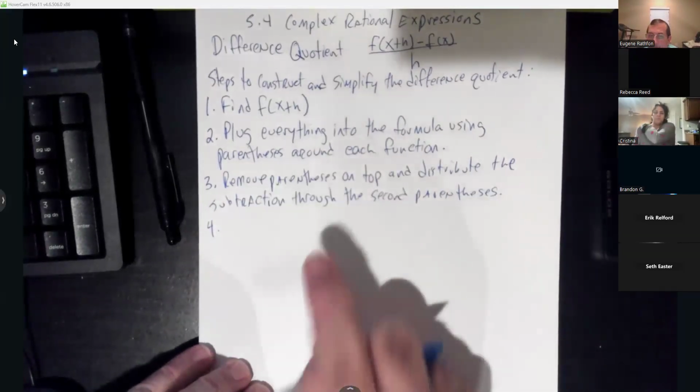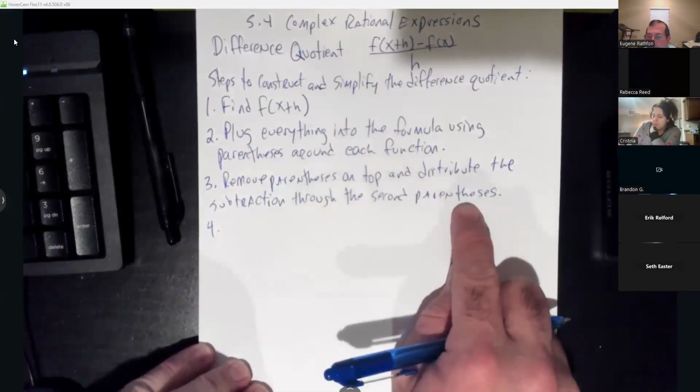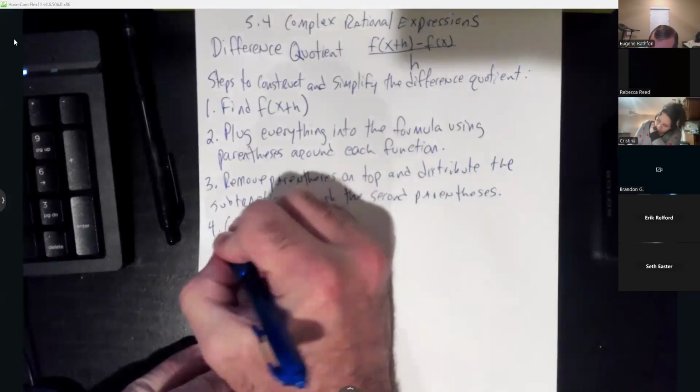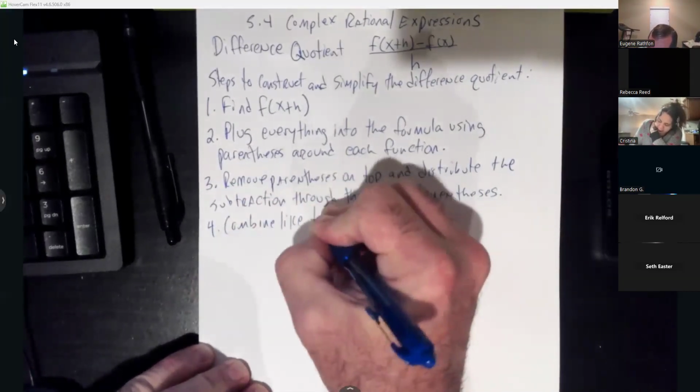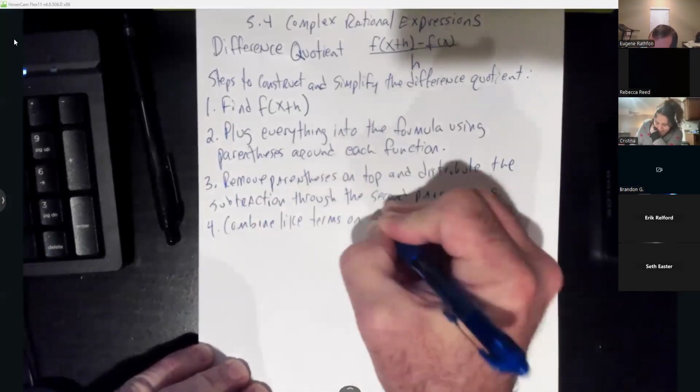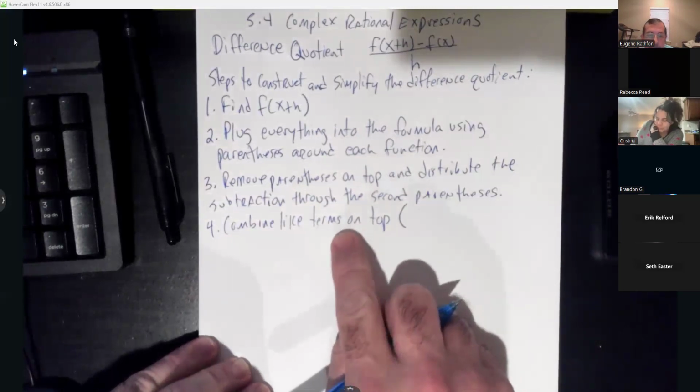All right, now what's going to happen after I get rid of these parentheses? I distribute that subtraction through the second parentheses. I'm going to combine like terms on top. Now, really, what's going to happen on top?